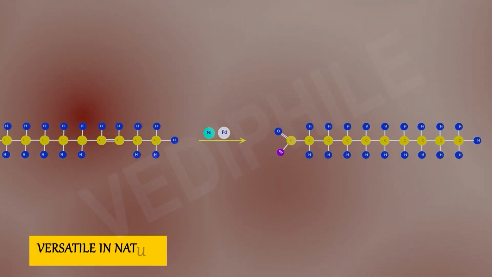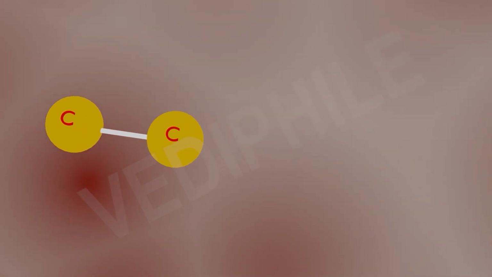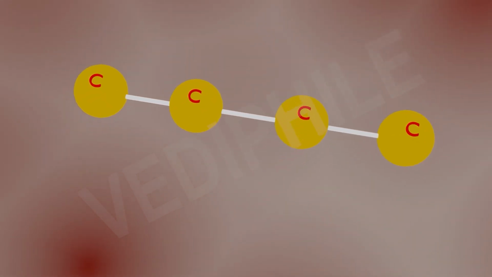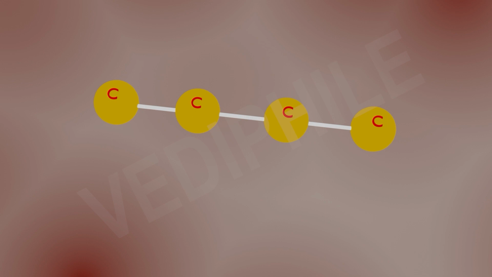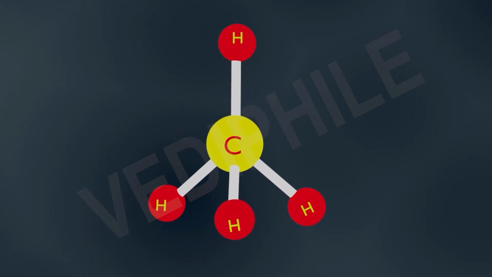The second property which makes carbon versatile in nature is its valency of 4. So carbon can form 4 bonds. It is capable of bonding with 4 other atoms of carbon or atoms of some other monovalent elements.